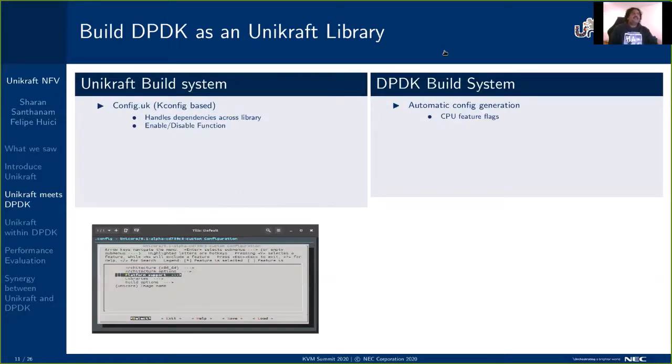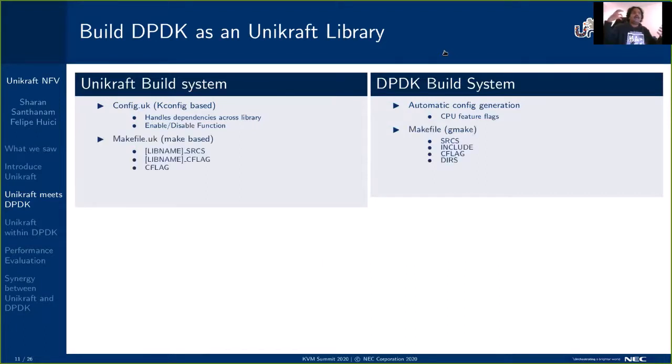To make sure these build system compatibilities are matched, we first compared and contrasted the two build systems. The Unikraft build system is kconfig based, whereas the DPDK build system has some auto config generation happening.